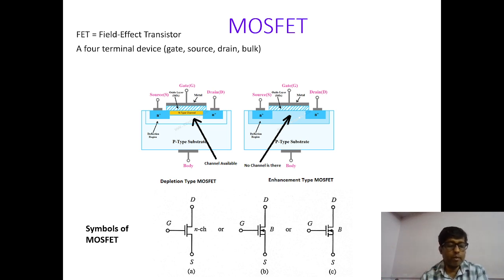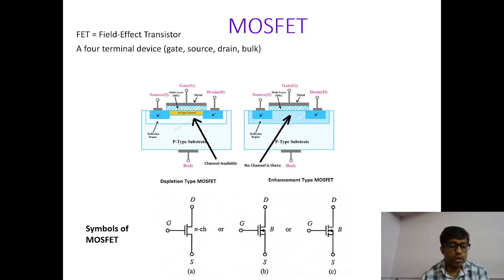There are three-terminal MOSFETs and four-terminal MOSFETs, where the body is also considered. Here we will mainly discuss the three terminals: source, gate, and drain. We apply the bias either from source to gate or drain to source.